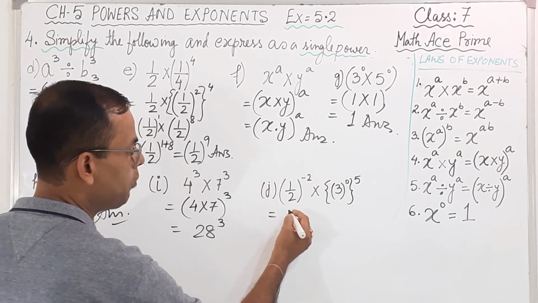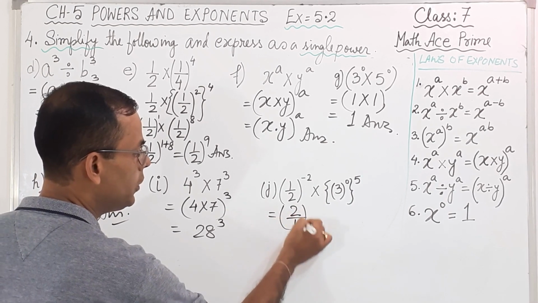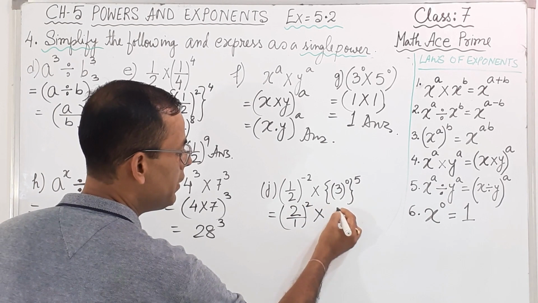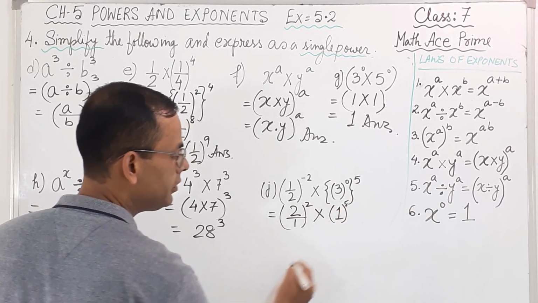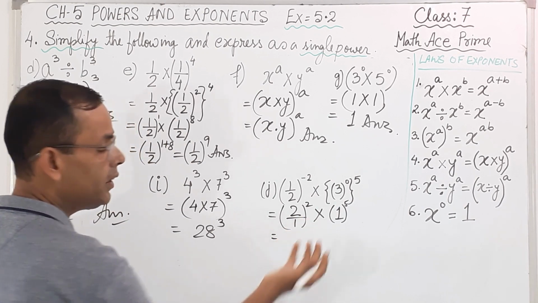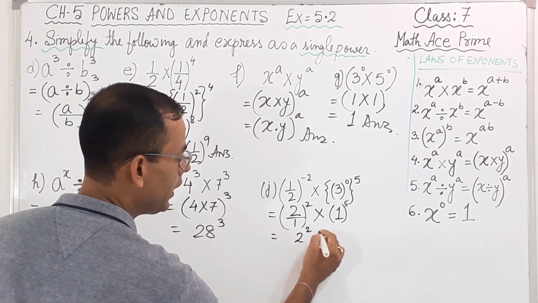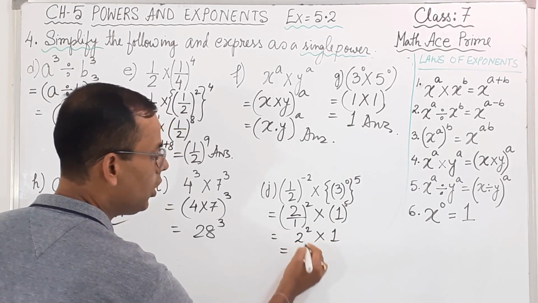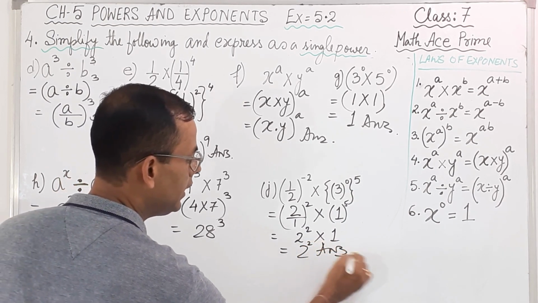If I want to make it positive, so this will become ulta. So 2 by 1 to the power 2 into anything to the power 0 means what? 1, and then can I make it to the power 5? So here downside no need of writing, only we can write 2 to the power 2, and 1 to the power 5 means 1 only. So ultimately what it comes? 2 to the power 2, and this is the answer.